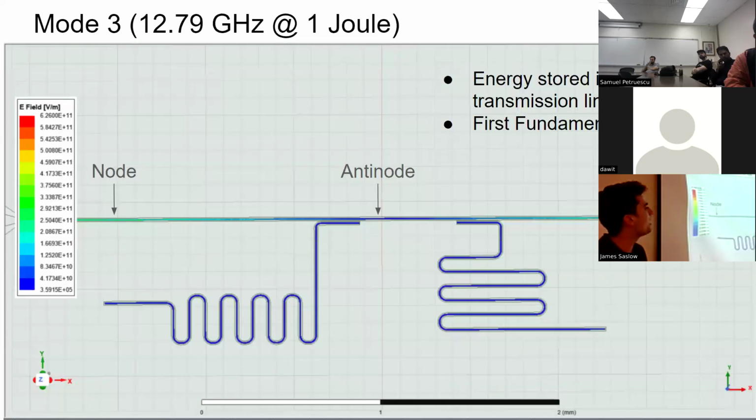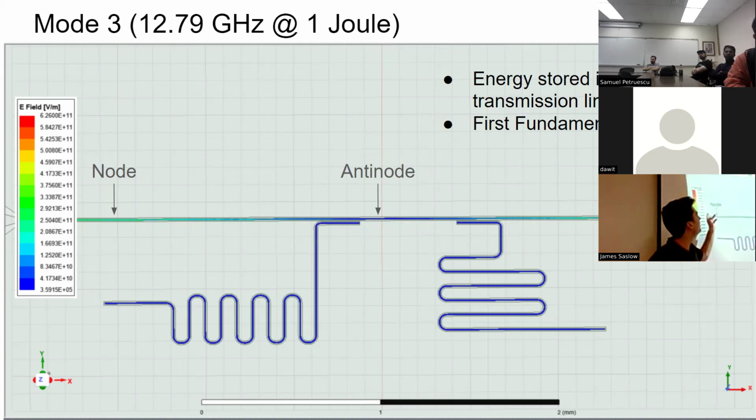In the third mode, I get a coplanar waveguide or transmission line mode here, where I have the energy stored here, and it sort of looks like the first fundamental mode, where you have a node, antinode, and node. So it's kind of like a standing wave or something, which is expected.